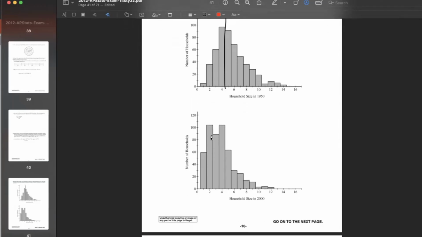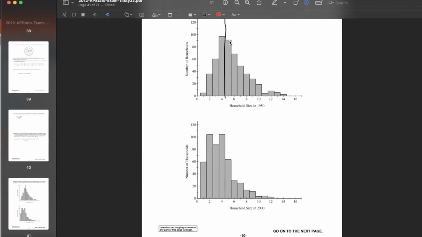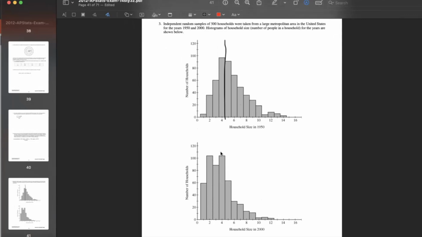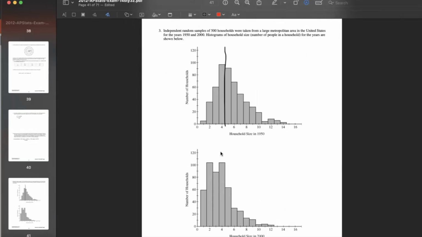Okay, and then for the second one, it's a little bit harder to tell, but it seems like the median would be either 3 or 4. And you don't have to be exact, as long as you say approximately 3 or 4, and you compare the 2 distributions. So you say that the median household size in 1950 is greater than the median household size in 2000, which is 3 or 4, then you would get credit for describing the center.